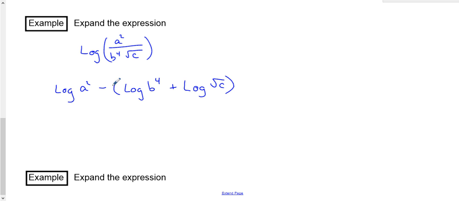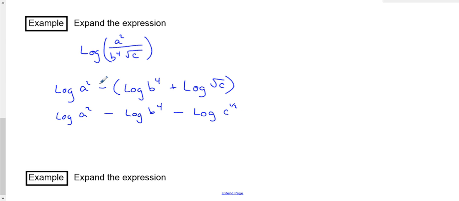And just like regular algebra, I have this minus, I'm subtracting an expression, two values being added together. So if I distribute that subtraction, I will get log of a squared minus log of b to the fourth minus log, and I'm going to go ahead and change that to be c to the 1/2.